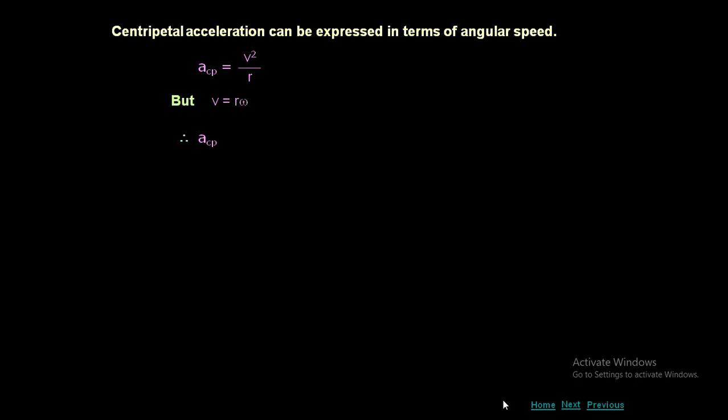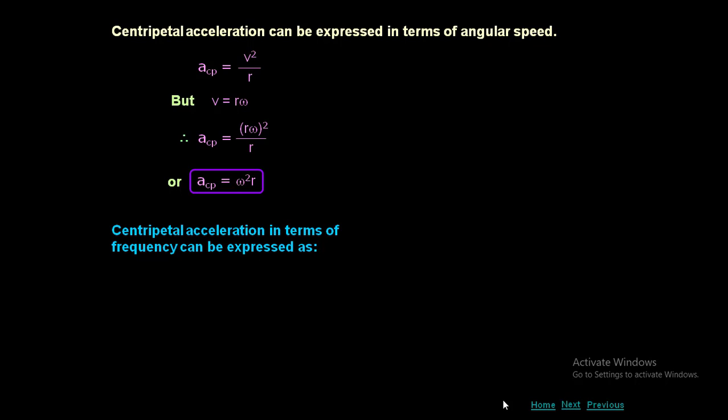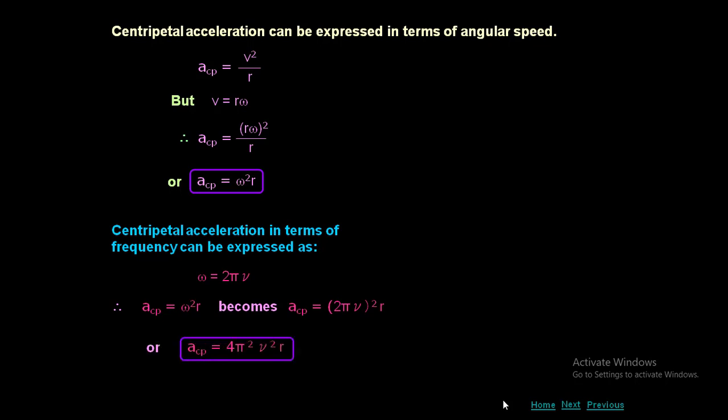So if you substitute the value here, you have A centripetal is equal to omega square into R. Centripetal acceleration in terms of frequency can be expressed as follows: omega is nothing but 2 pi by T, which is 2 pi f, that is 2 pi nu, where nu is the frequency. Substituting the value here, centripetal acceleration is equal to 4 pi square nu square into r.